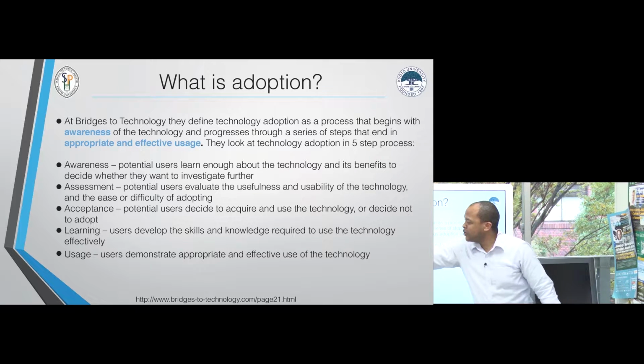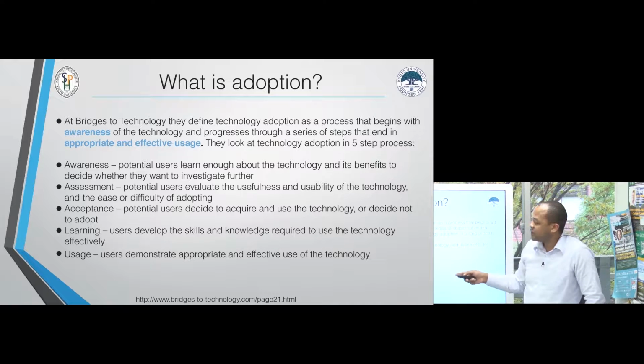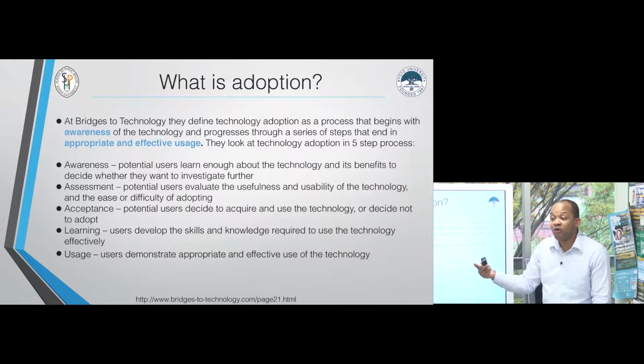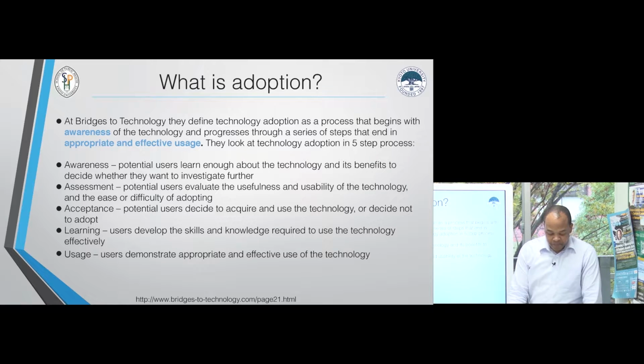There's awareness. So potential users learn enough about the technology and its benefit to decide whether they want to investigate further about the game, for example. And then after that, they do some assessment. Potential users evaluate usefulness and usability of the technology. And after assessment, they decide whether or not they will accept it.